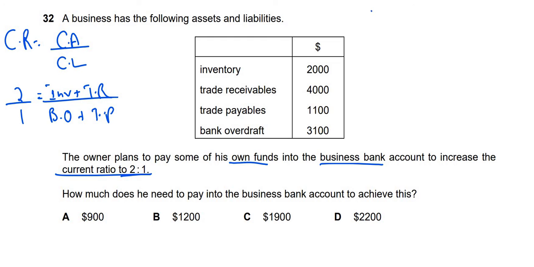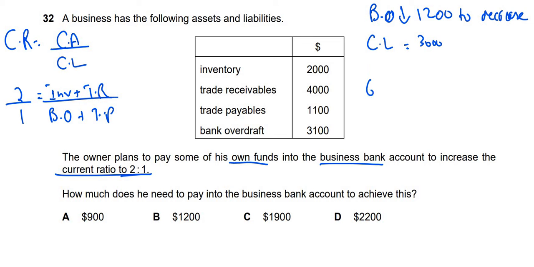Alright. So bank overdraft needs to be reduced by 1200 to decrease current liabilities to 3000. Alright. So then the ratio will be, because 2000 plus 4000, current assets is 6000. Let me write over here 6000 upon current liabilities.